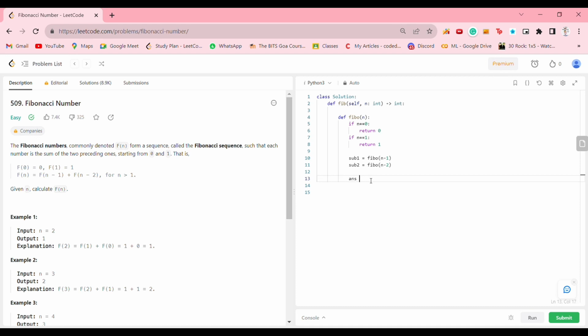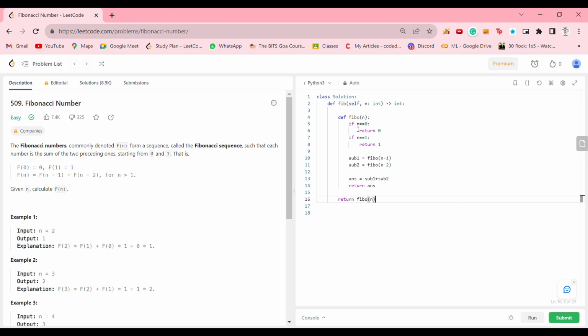The way we did that was just by adding them, based on the definition of the Fibonacci number given here. So answer is equal to sub 1 plus sub 2, and in the end we just return answer as the nth Fibonacci number. This is just a recursive function that we made, so we'll need to call it if we need to find the nth Fibonacci number.